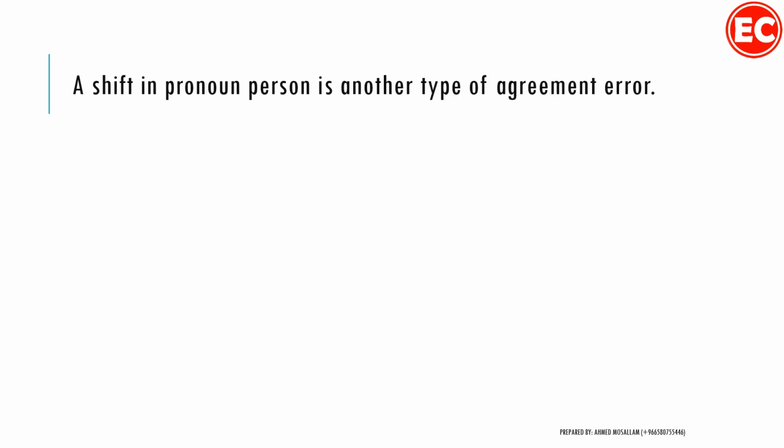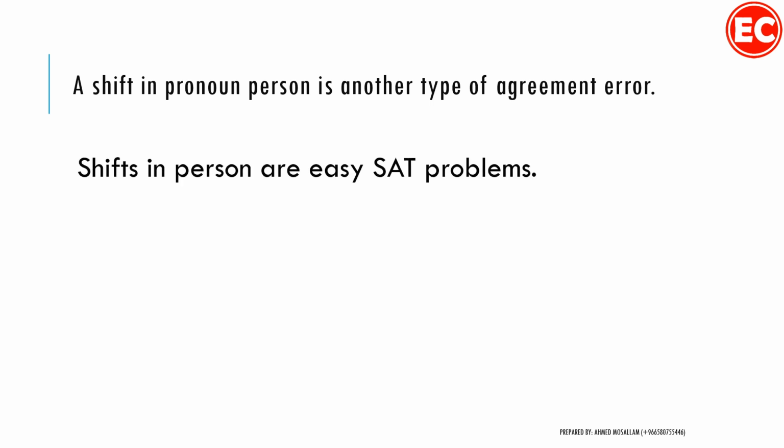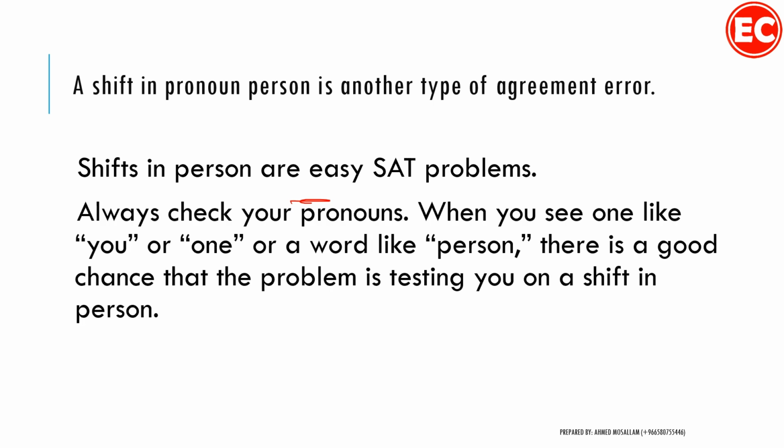Okay, when you have a shift in pronoun person, this is something easy you can spot. Because if you ask about you or one, you just need to look for its reference, so read carefully and decide which noun we need in order to know which pronoun we will take.